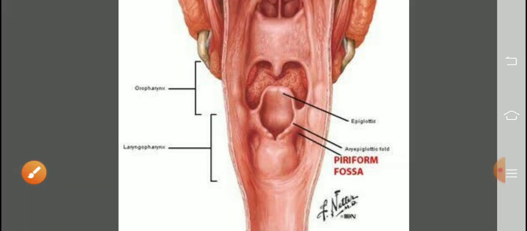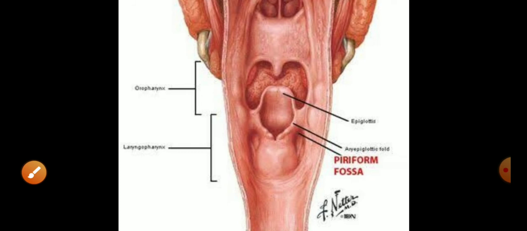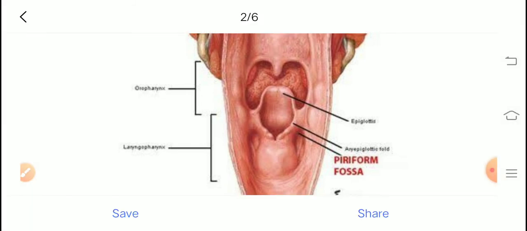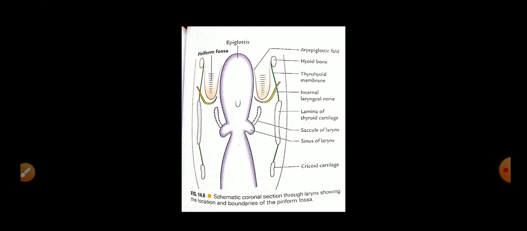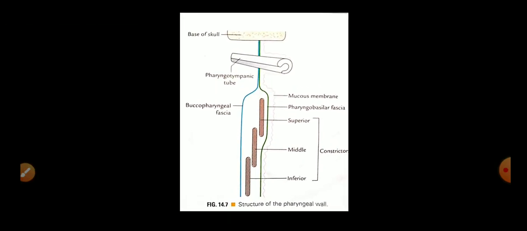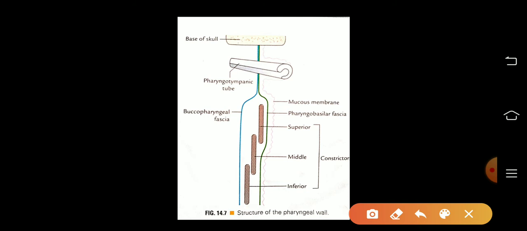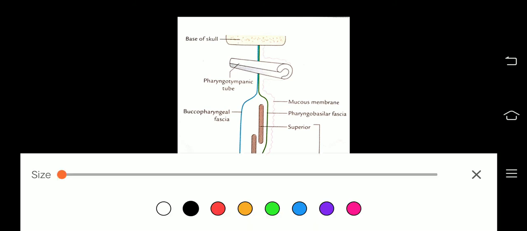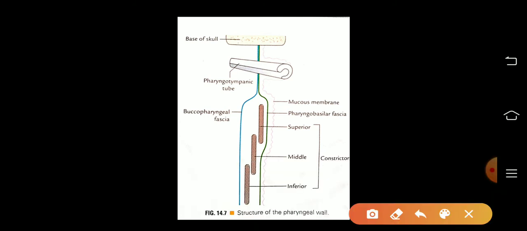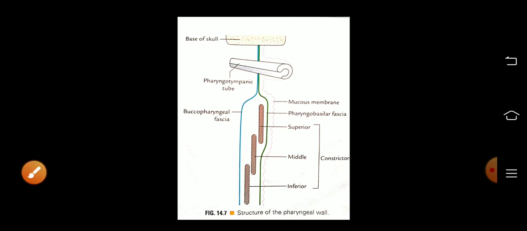Now let us see the pharyngeal wall. The pharyngeal wall actually has 4 layers, from inner to outside.